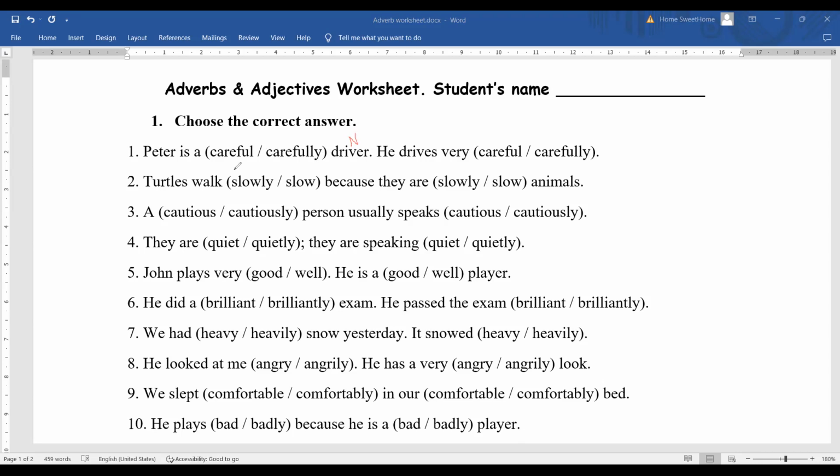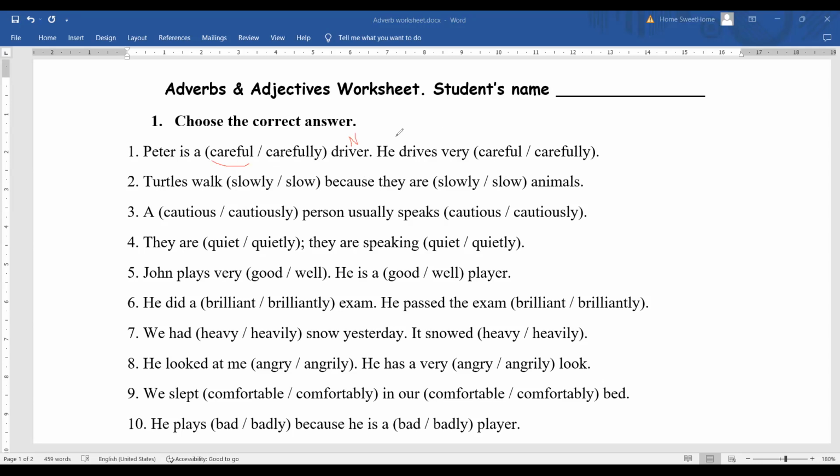If you're not sure if there is an adjective with ly, like carefully, you go to a dictionary and check which part of grammar this is. Careful is an adjective and carefully is an adverb. That's what your dictionary tells you. So you just highlight careful.